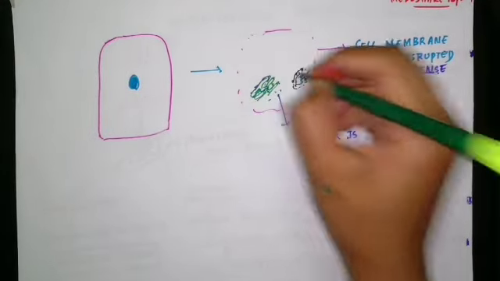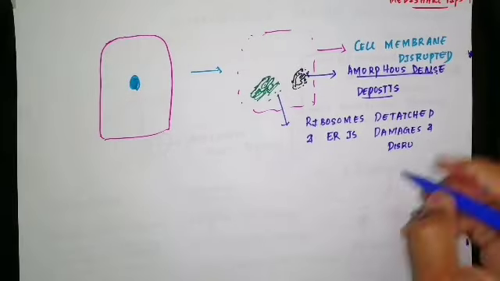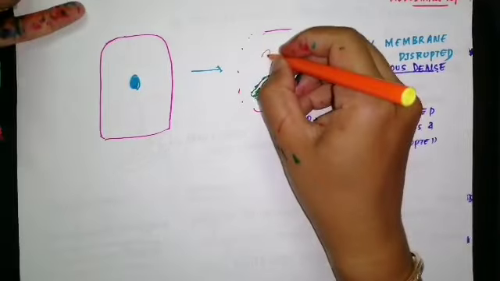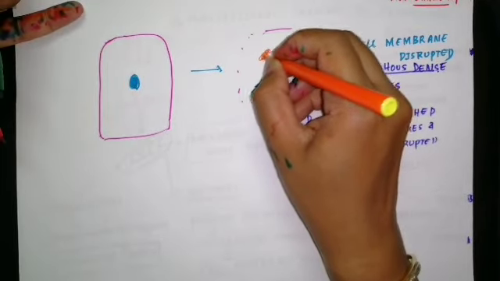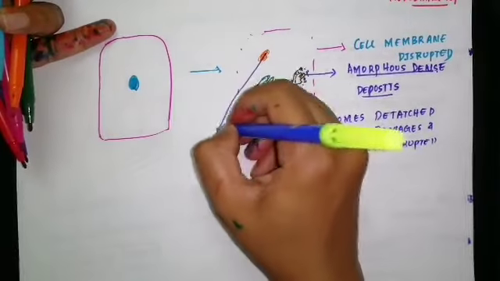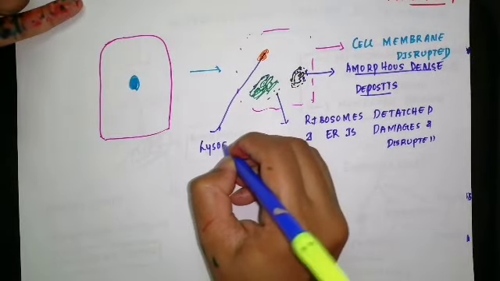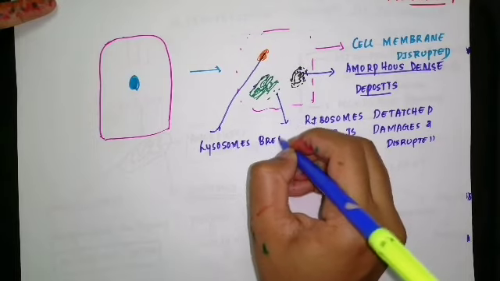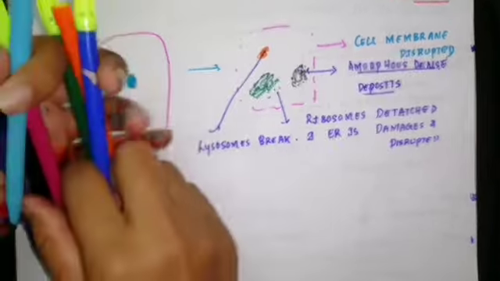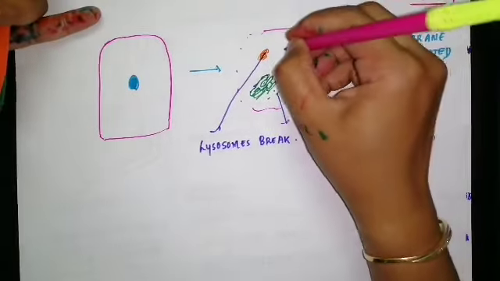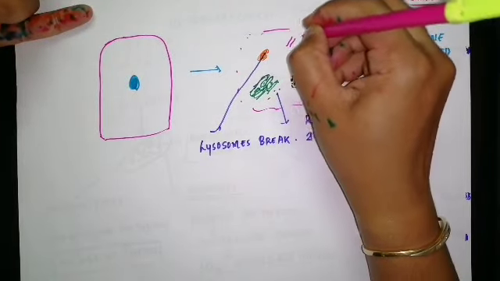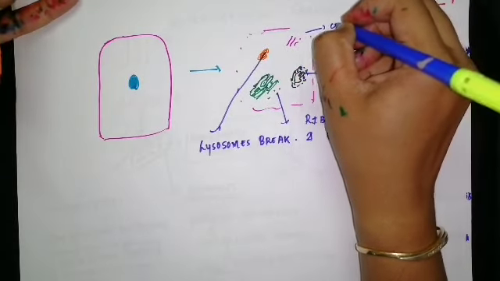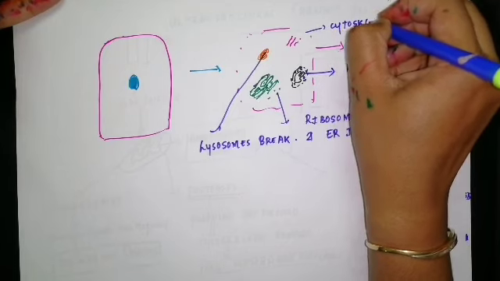And what happens to the lysosomes? The lysosomes are broken down. The cytoskeleton is also damaged, also disrupted.